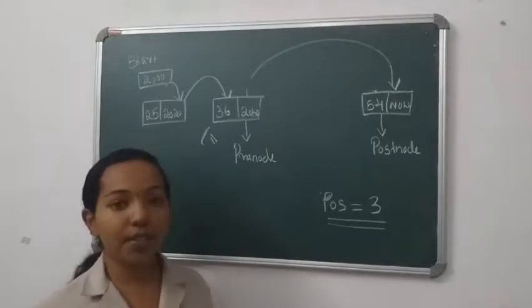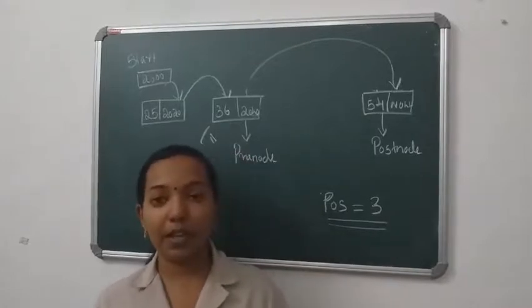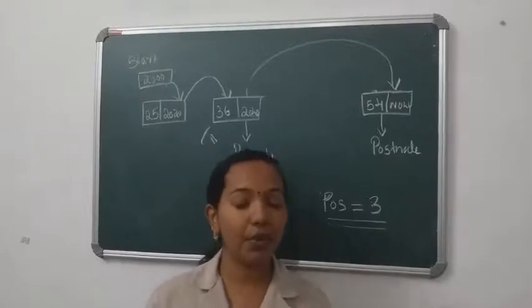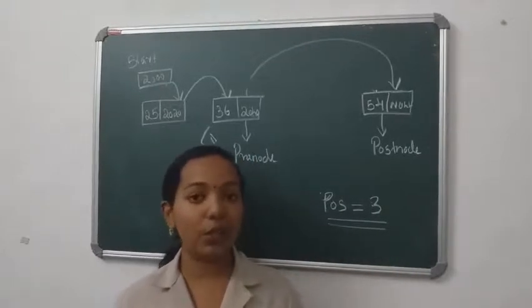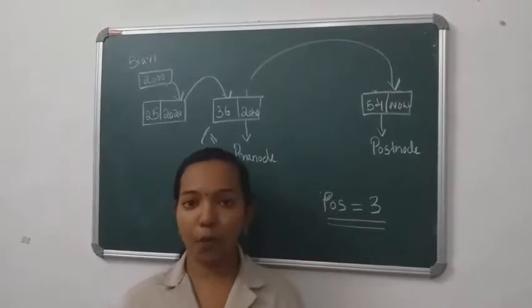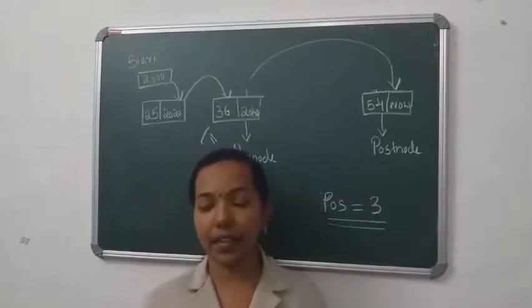Hope you understood the concept of data structure. In the back of your textbook so many questions are available. From this chapter, all the questions will be direct questions. Normally algorithms will come from this chapter. So that's 6 algorithms: push operation, pop operation, queue insertion, queue deletion, then linked list insertion and linked list deletion.